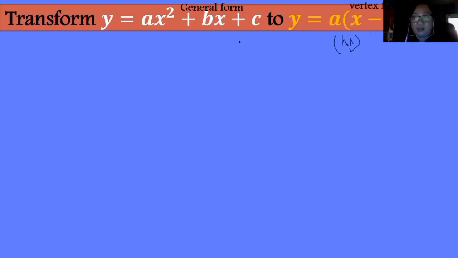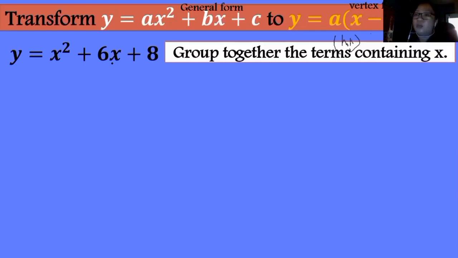Okay? So, let's begin with y equals x squared plus 6x plus 8. How do we do this? Group together the terms containing x. When we say group together, you just have to put a parenthesis.